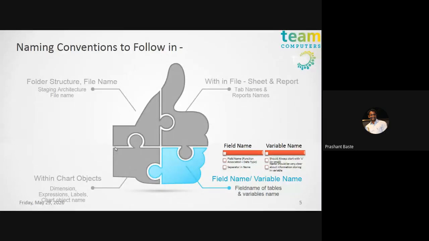If they are able to read and understand it properly, that is helpful from all perspectives. So what should we take care of? We should ensure that field names are very proper.